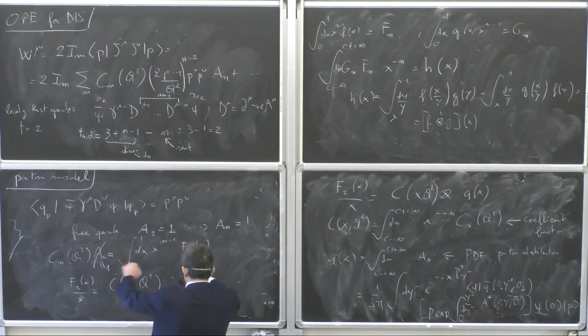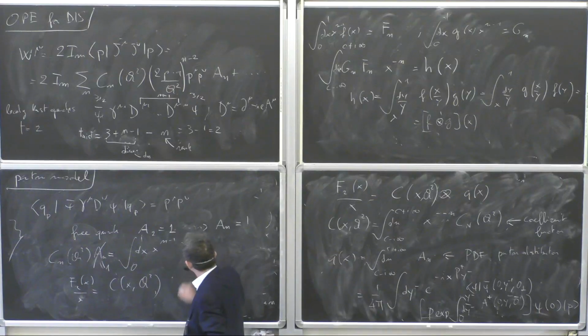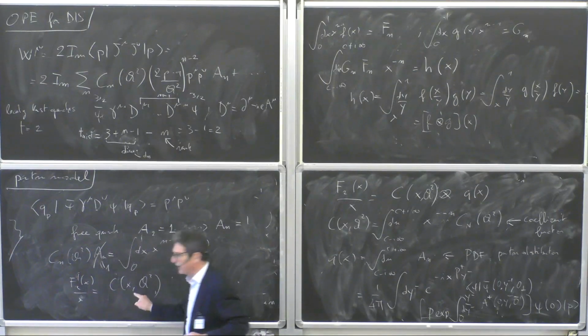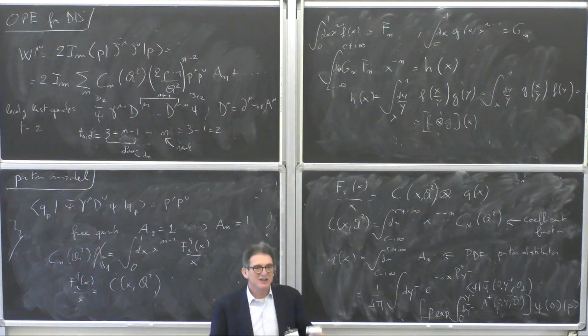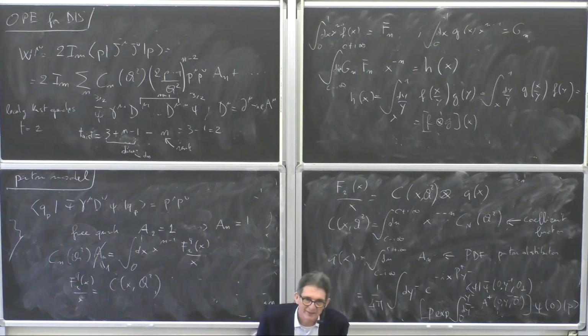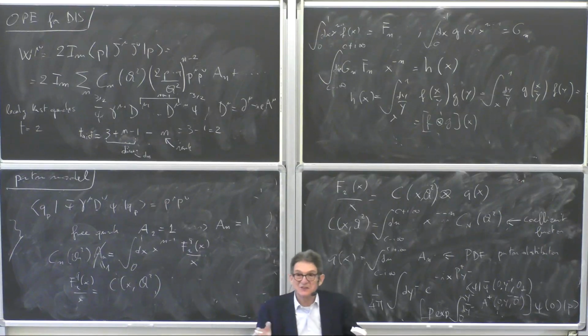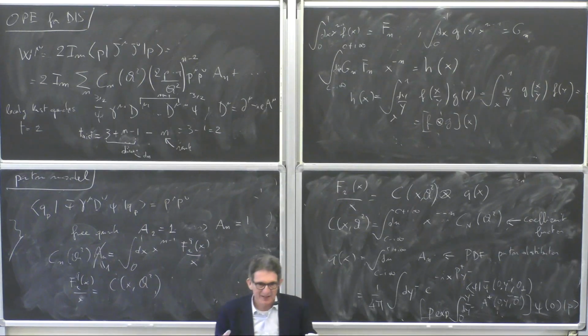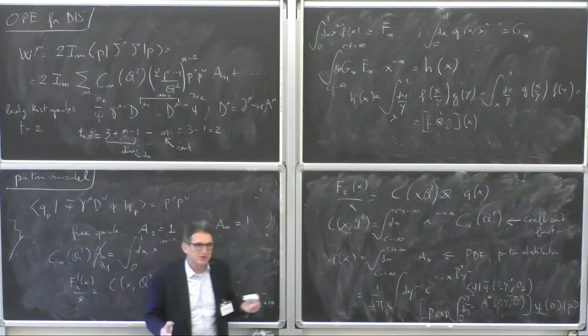And then I go through my whole song and dance, and I discover that the structure function of a free quark is the coefficient function, or conversely, the coefficient function is the structure function on a quark target. Okay, so this is what in QCD factorization is sometimes stated as the statement that the coefficient function is a partonic cross-section.